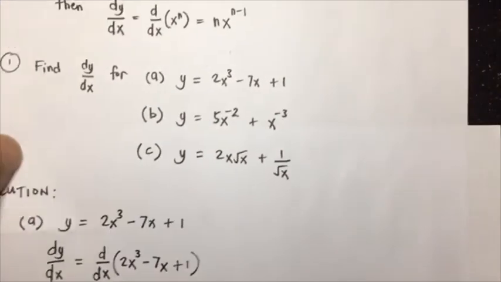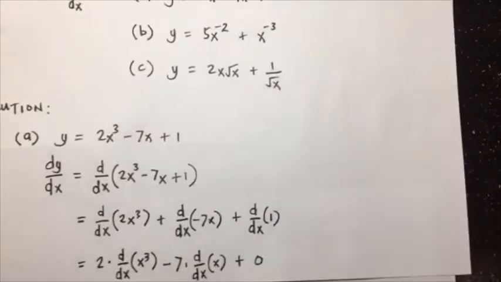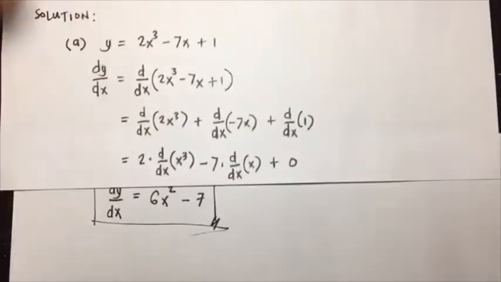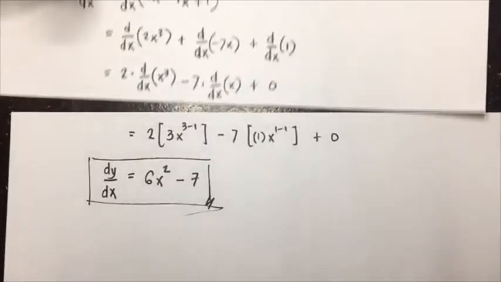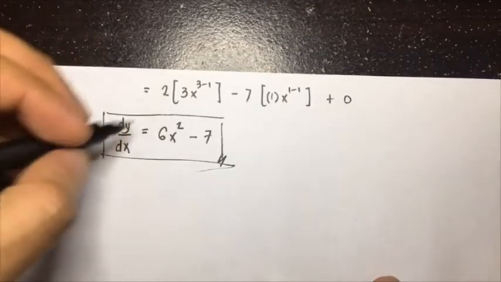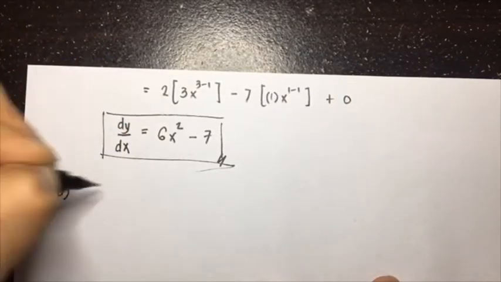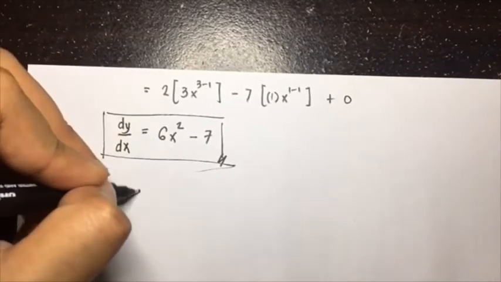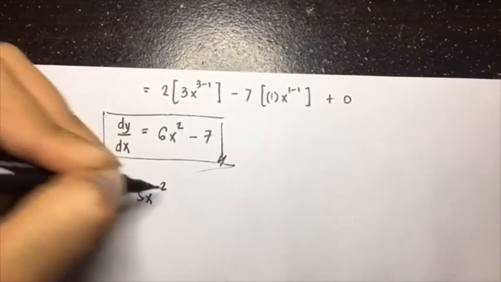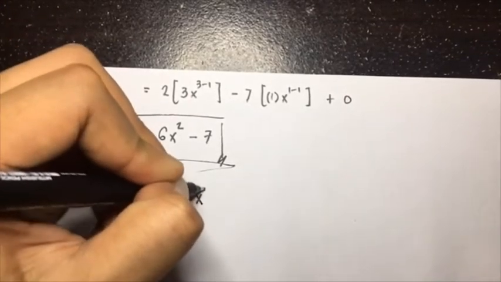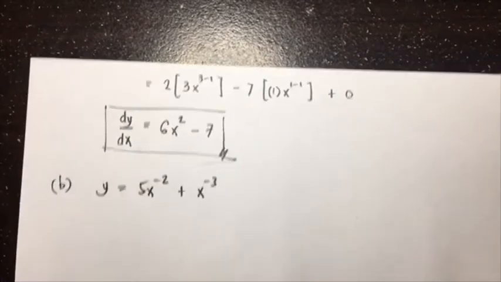So the second example, we have b. Let's rewrite that here. For b, we have y is equal to 5x to the negative 2 plus x to the negative 3.